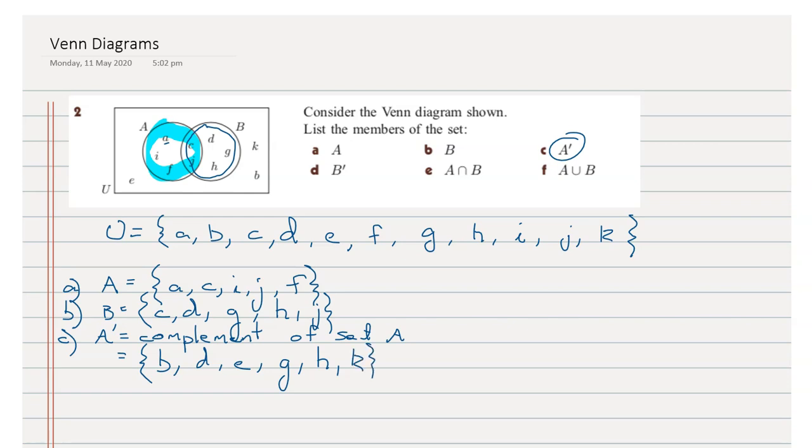So the complement of set A is B, D, E, G, H, and K.